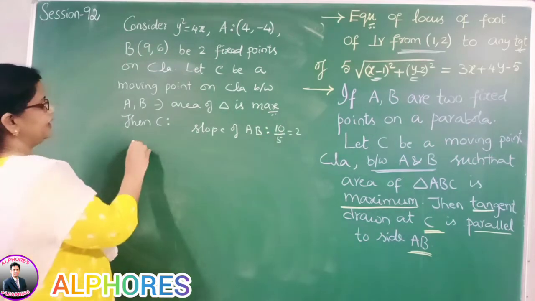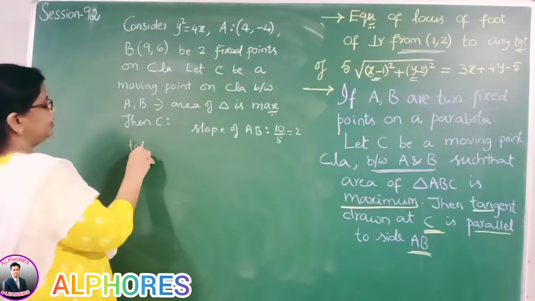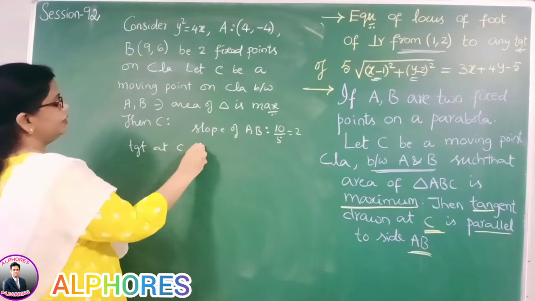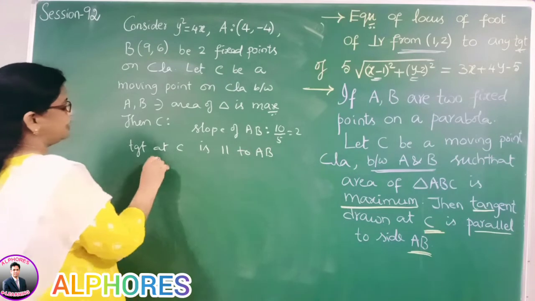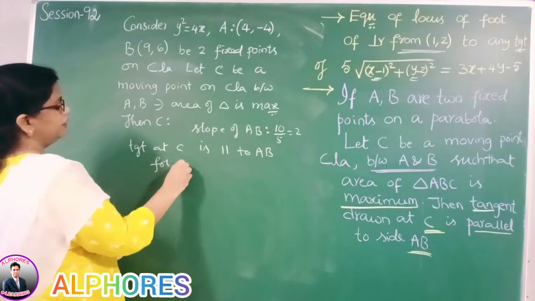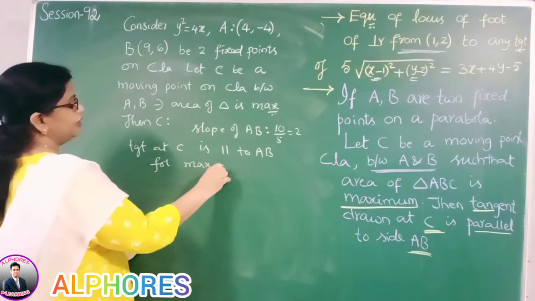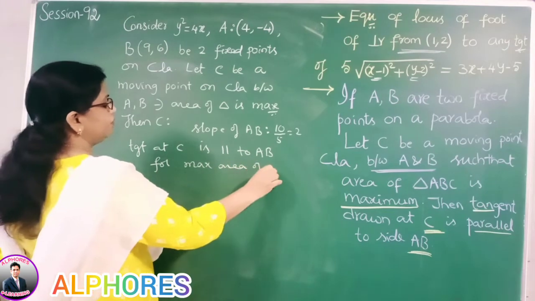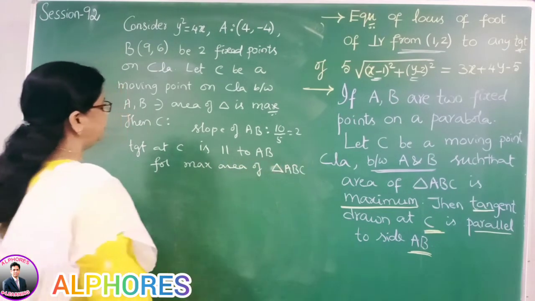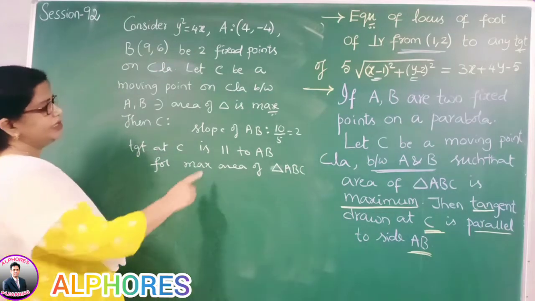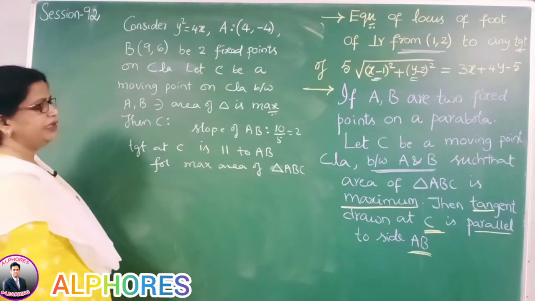Therefore we can say the tangent drawn at C is parallel to AB, for the case of maximum area of triangle ABC. So under this case, the tangent drawn at C is parallel to the line joining AB.